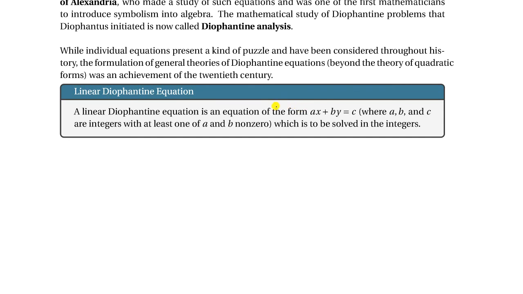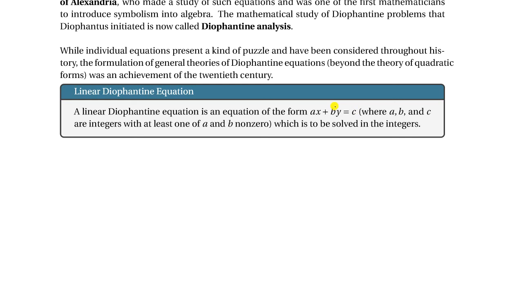So the linear Diophantine equation is defined as a form that must look like ax plus by equals c. As for linear, there are other cases, such as nonlinear ones, but in our course we are going to focus on these cases, and a, b, c are integers only. If a and b are zero at the same time, then 0 equals something, so c must also be 0.